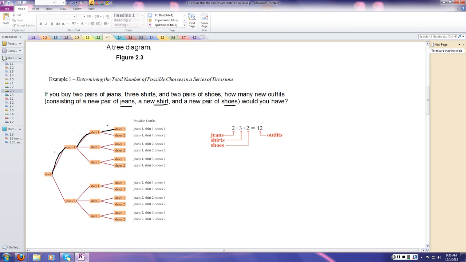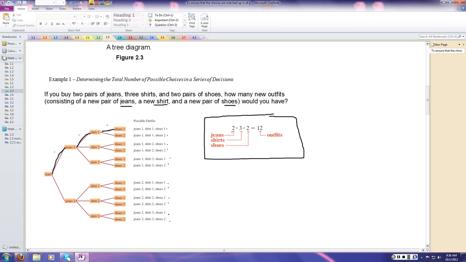So the tree diagrams are really not overly useful in this section, but they will be beneficial in chapter 3, and you'll actually have to make your own tree diagrams in WebAssign. The tree diagrams will be there, but you'll be putting numbers on top of them. Here we can focus on how many total outfits. Well, if I count them, I have 1, 2, 3, 4, 5, 6, 7, 8, 9, 10, 11, 12. 12 total outfits.